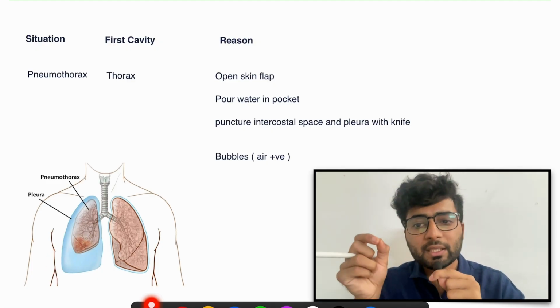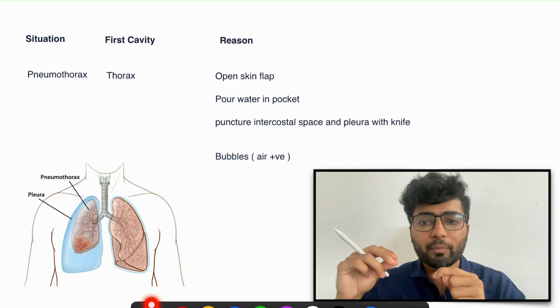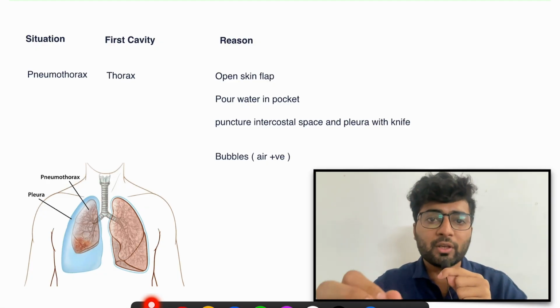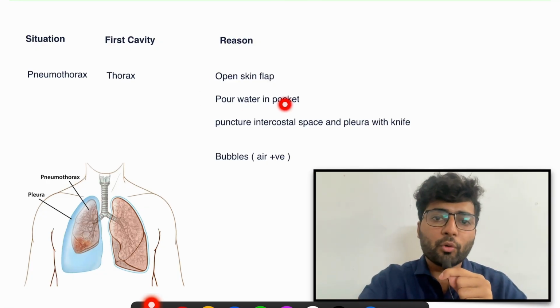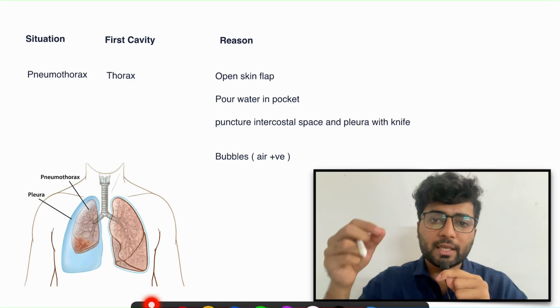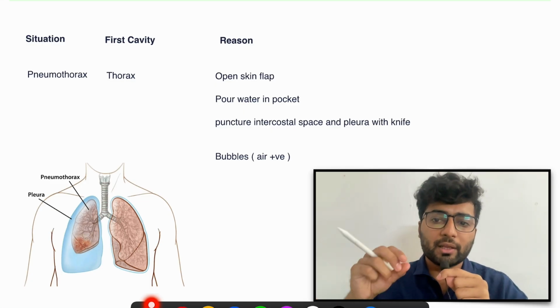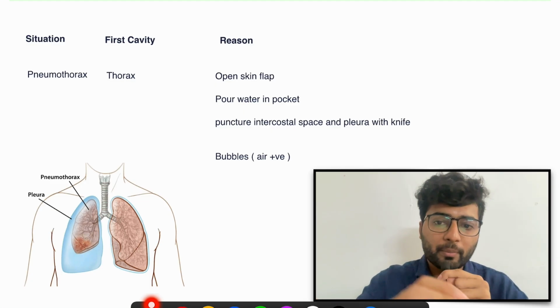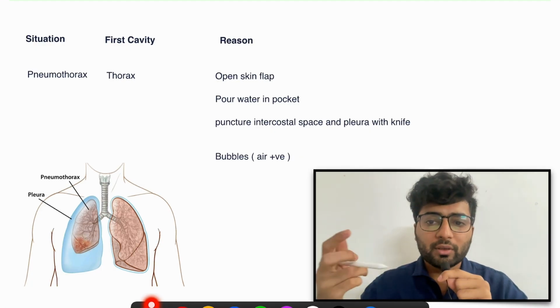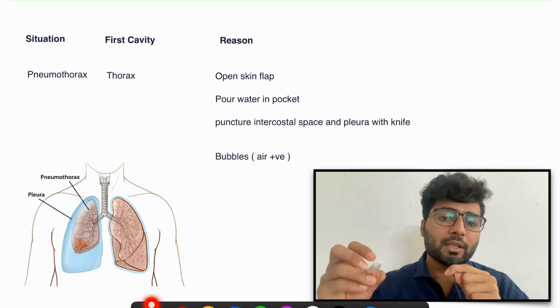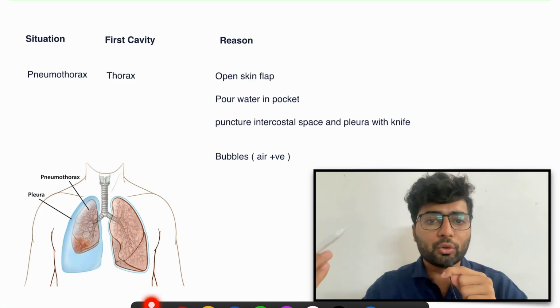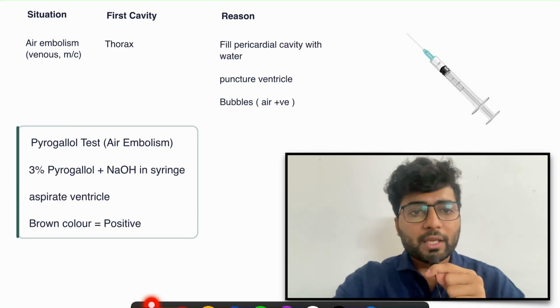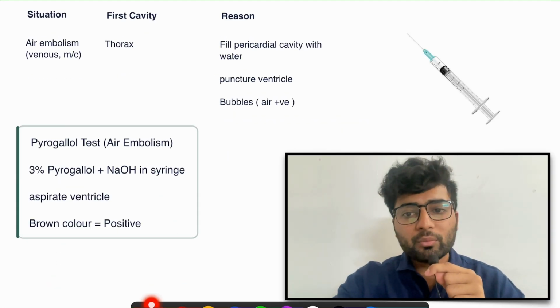When you incise the intercostal space, this air will make bubbles inside the water, right? So we'll have detected the presence of air, and the presence of air detects what? Pneumothorax.